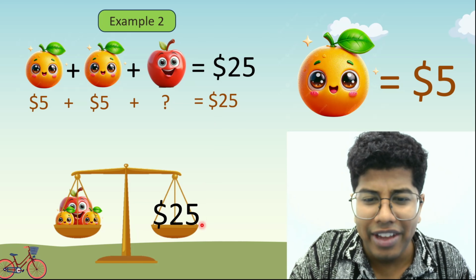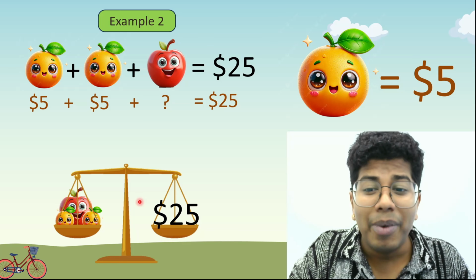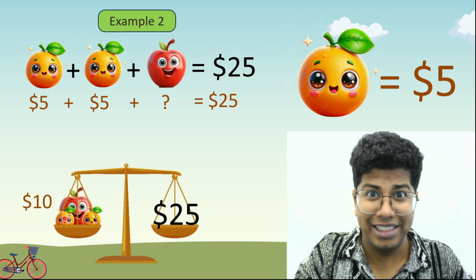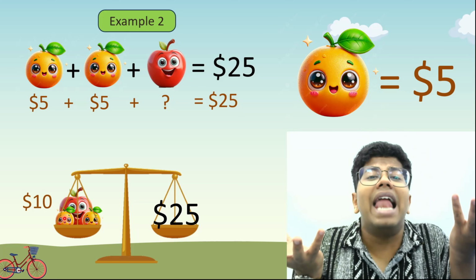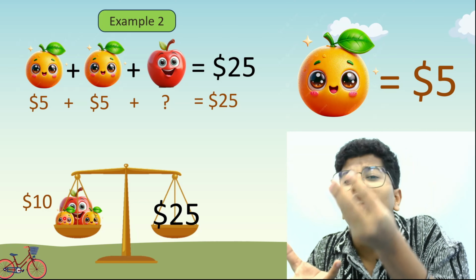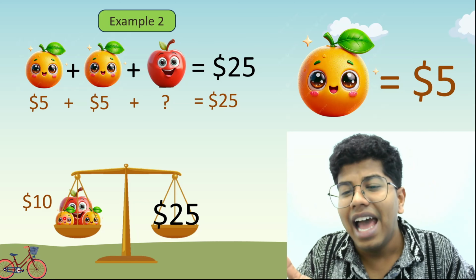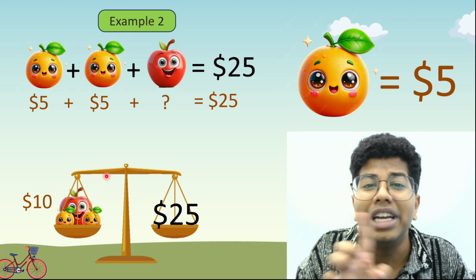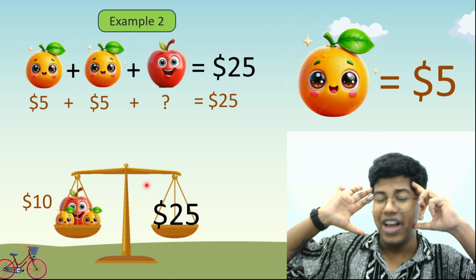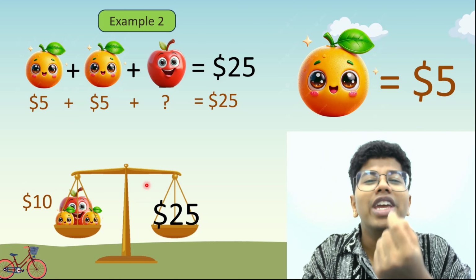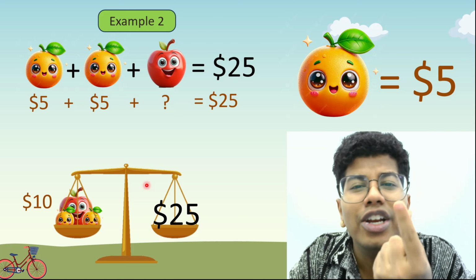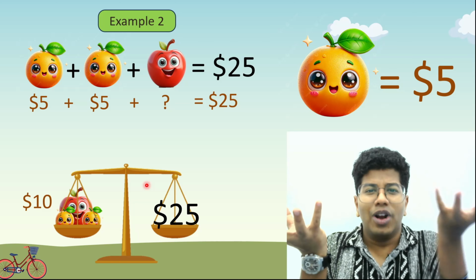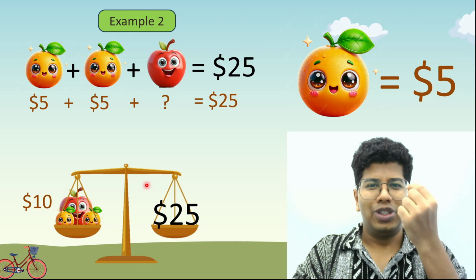On the right side, we can see it's $25. But on the left hand side, for 2 oranges, we know it's $10. To keep it balanced, how many more dollars do I have to add so that it becomes equal to 25? We can just add $15, and now 15 plus 10 becomes 25, so here also 25 is the same.